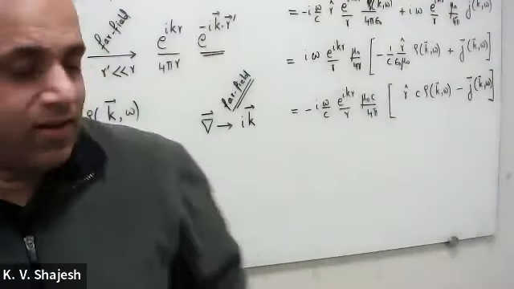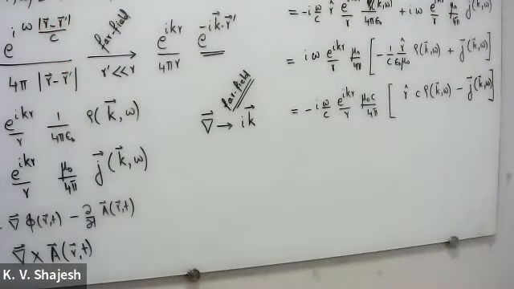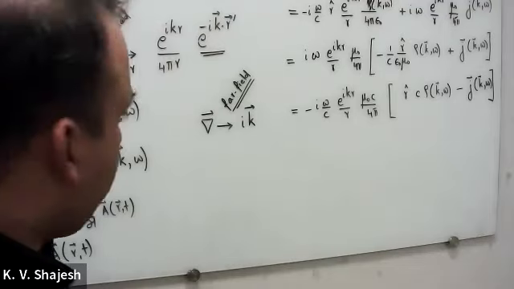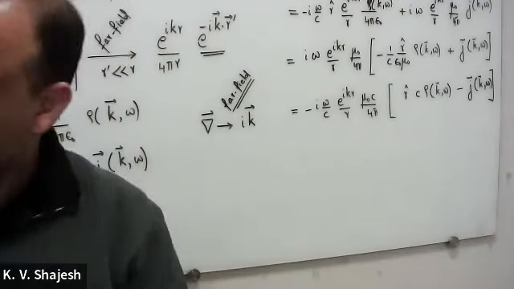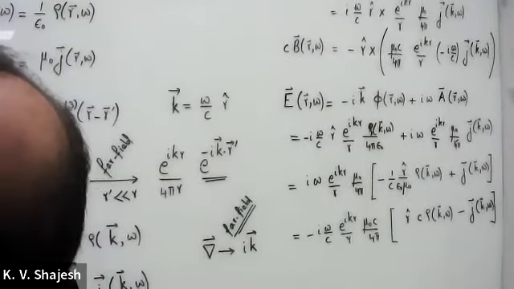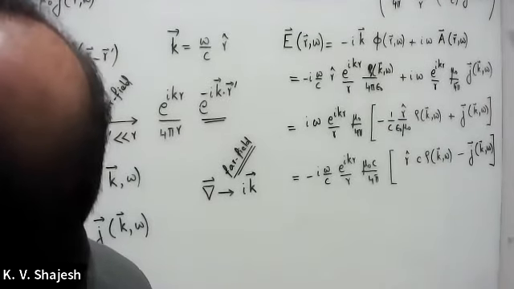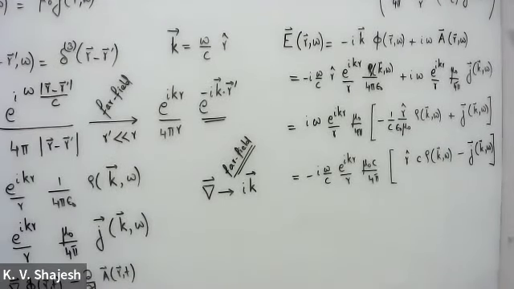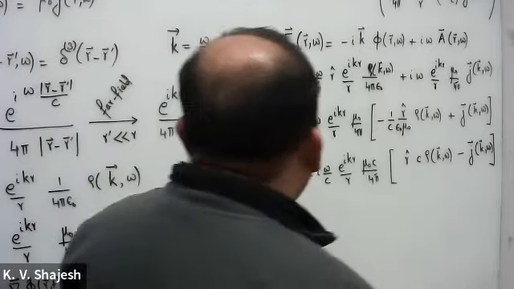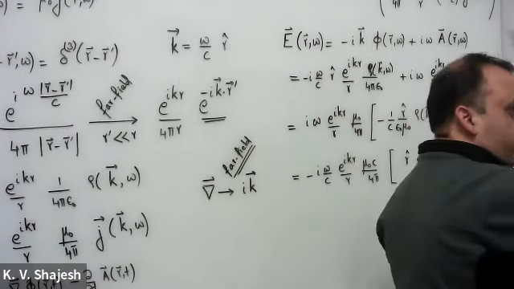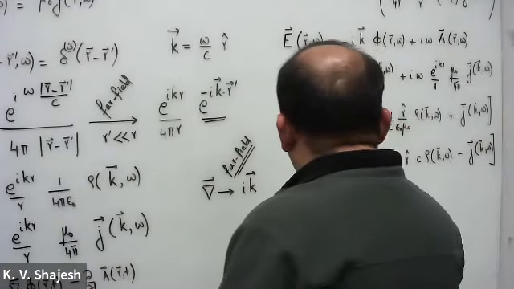If I go back to the expression for the electric field now, that means that I can replace this quantity c rho minus j with the double cross product.